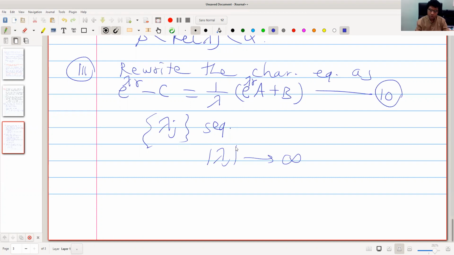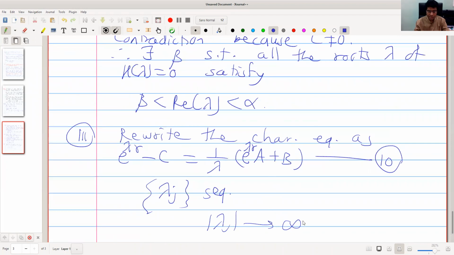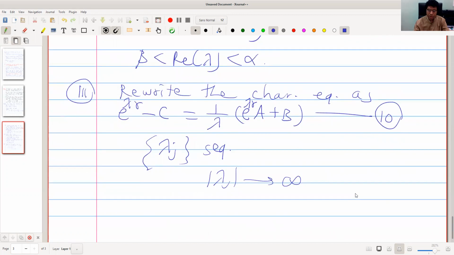Now, though mod lambda j is tending to infinity, for all the characteristic roots, the real part is bounded. Mod tending to infinity means the imaginary part will be increasing. Anyway, the imaginary part is not playing a role in the stability. So e raised to lambda r is a bounded thing.